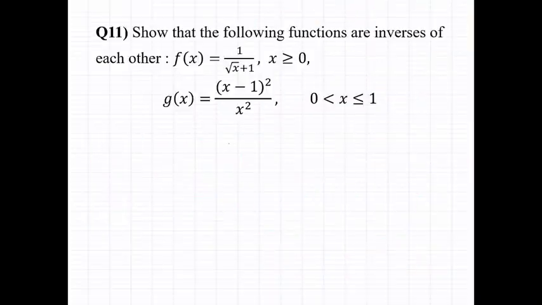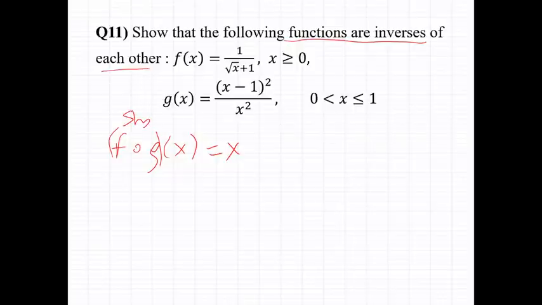Show that the following functions are inverses of each other. Now, in order to show that two functions are inverses of each other, we have to show this first, and also show g of f of x is equal to x.